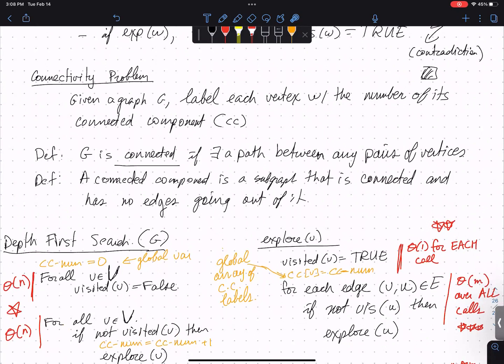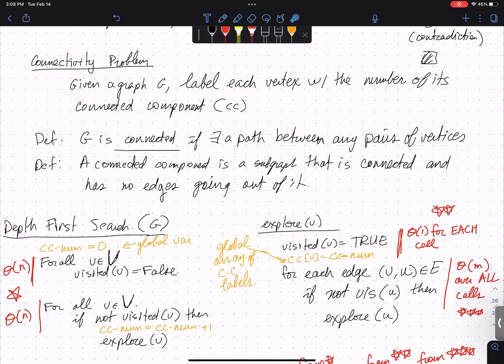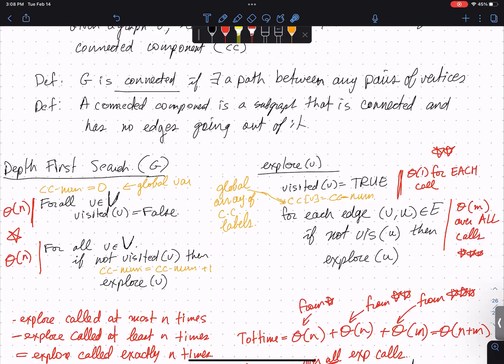The extension of explore was depth first search. We extended explore so that everything is visited, not just the vertices in the same component as V. To do that, we added an outer call that makes sure every vertex gets explored: for all vertices, if it's not visited, we explore it.